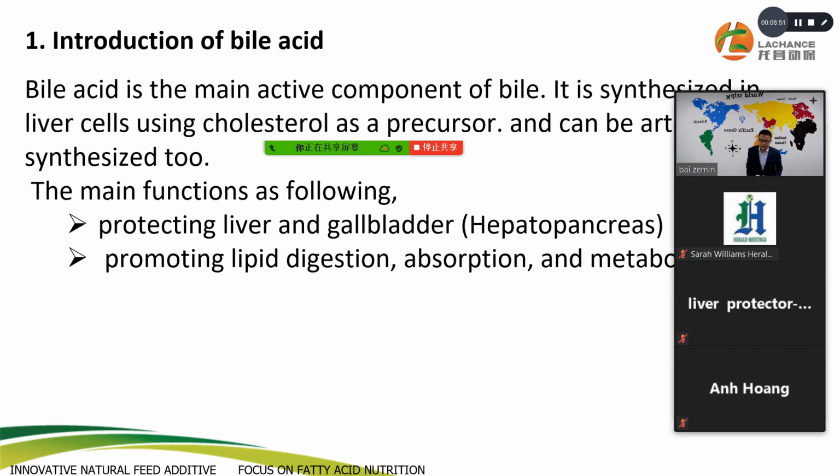Bile acid is actually a main active component of bile. It's synthesized in the liver cells using cholesterol as a precursor, and now we can also synthesize it artificially in our factory. The main function is first protecting the liver and gallbladder of fish and the hepatopancreas of shrimp, and also promoting lipid digestion, absorption, and metabolism.